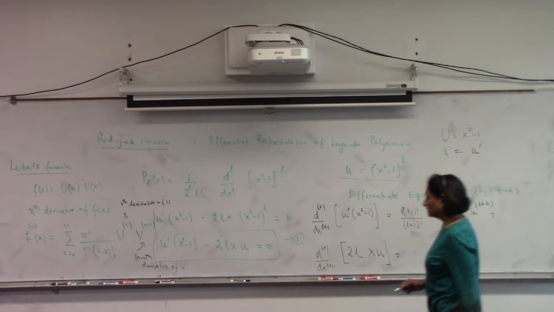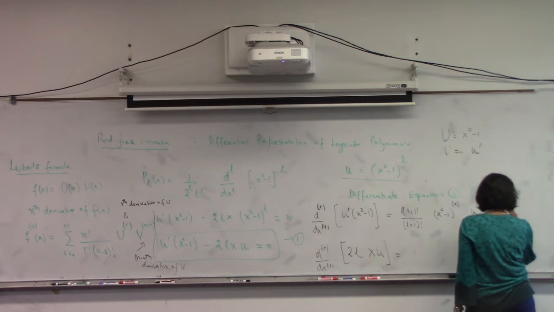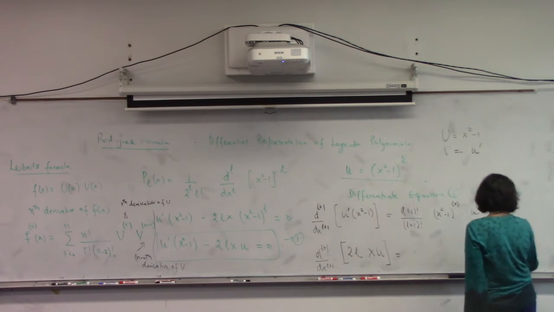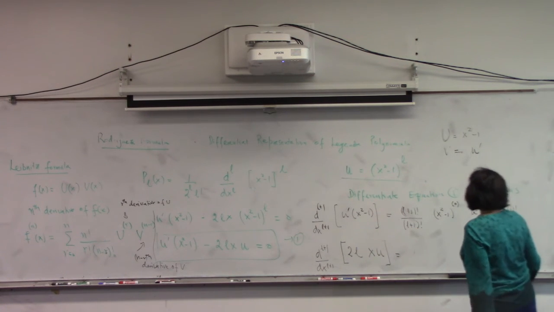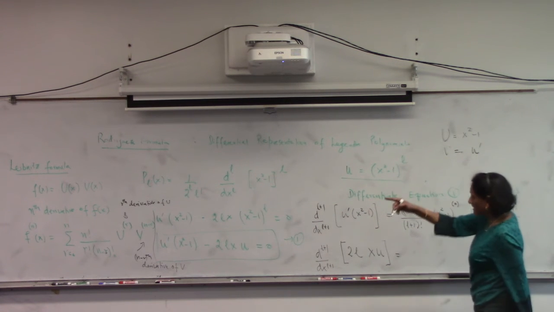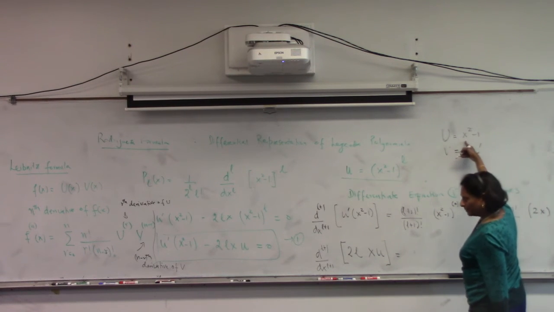Plus, r equal to 1 will have what? L plus 1 factorial. This one will become what? L factorial, right? And then u, now I have to differentiate, r equal to 1, the first derivative of that will become 2x, okay?